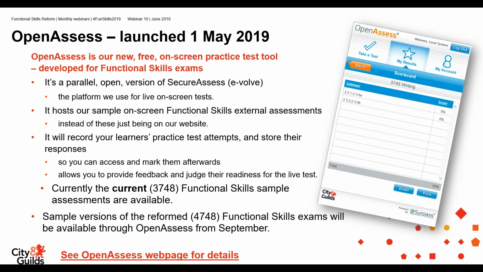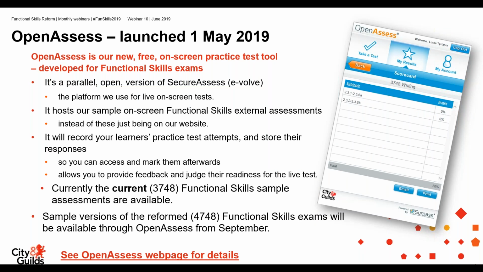Just to roll on a little further and reiterate that the Open Assess platform that we launched at the beginning of May is now available and is being used. We are still planning to develop some walkthrough videos to help illustrate how to use it, although it is relatively intuitive.